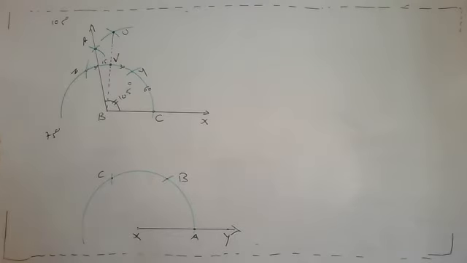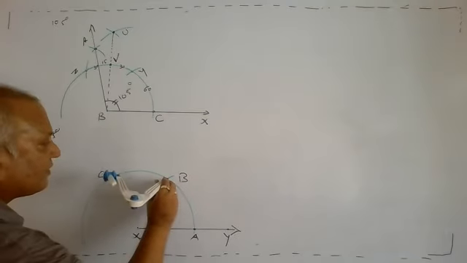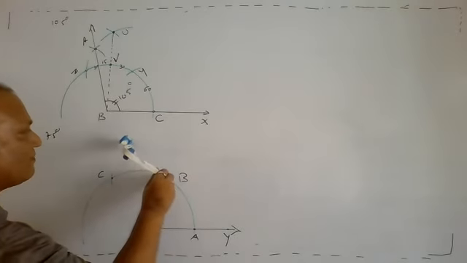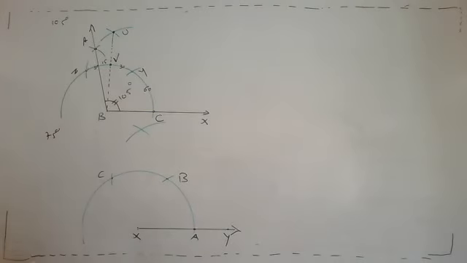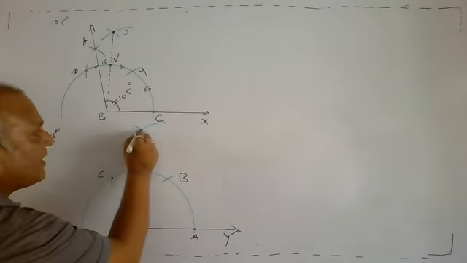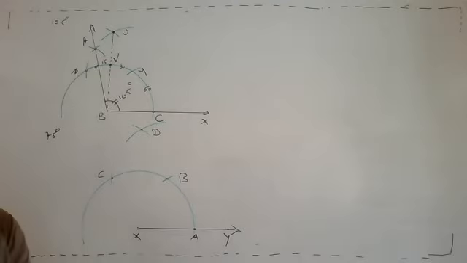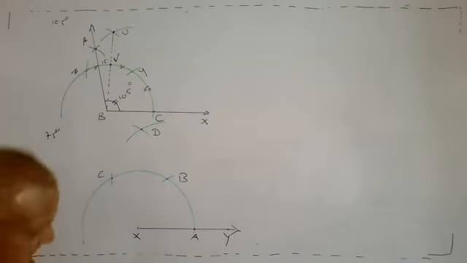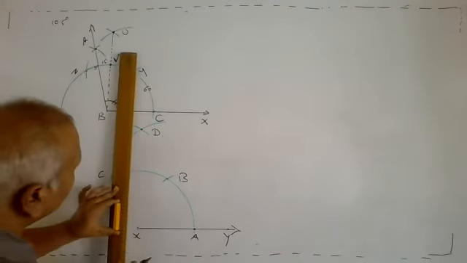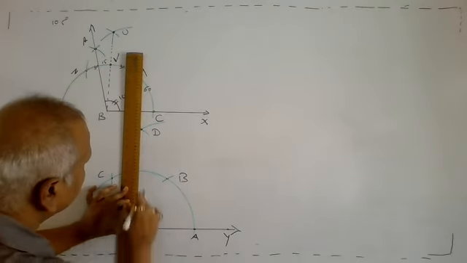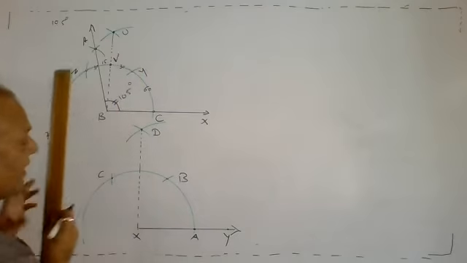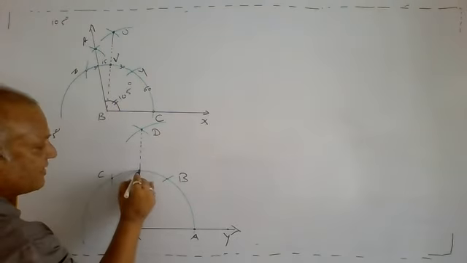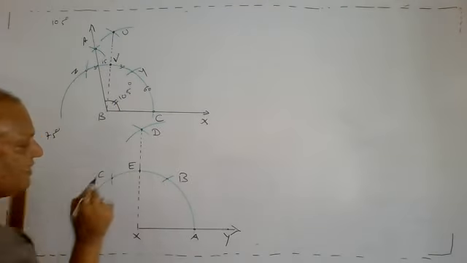From B and C we have to construct arcs upside, first arc from B and second arc from C. Where both the arcs meet, we write D. Now we join X and D with a dotted line, and where this dotted line and semicircle meet, it is E.